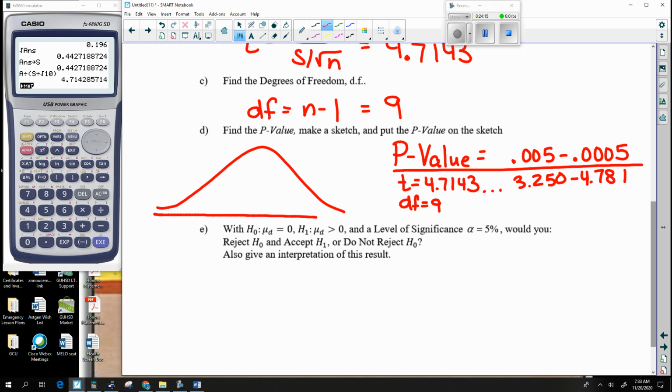Again, I'm getting all of this from the next question. It's a right tail with an alpha of 5%. And as I was just mentioning, our p-values are incredibly small, so they fall into that rejection zone.